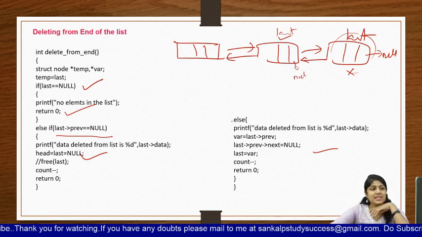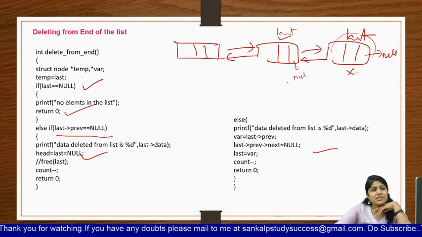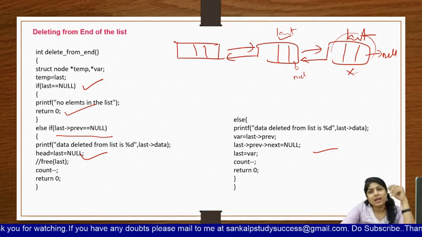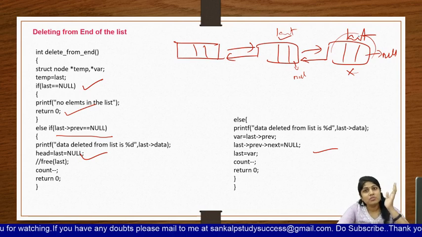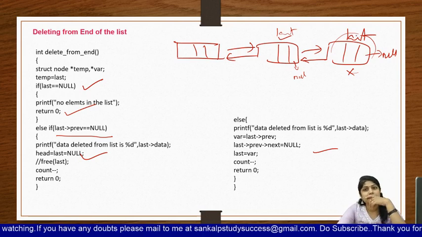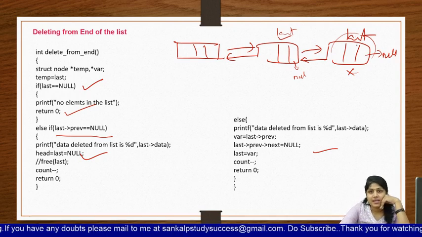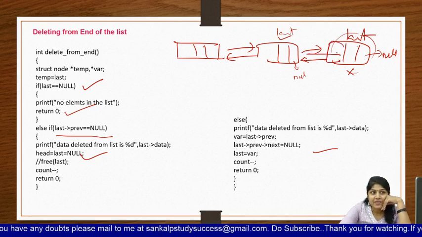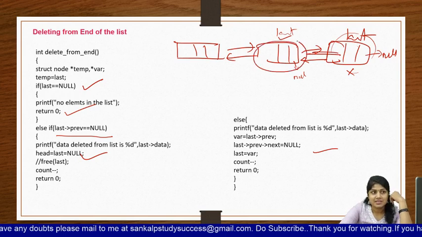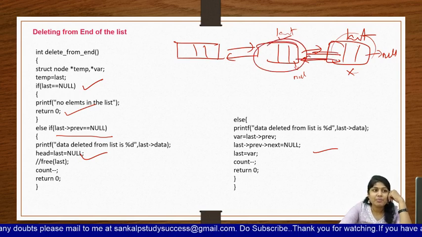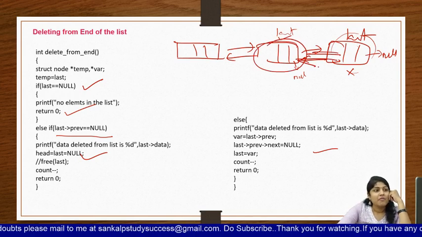Okay, now let us see. First what we have to do, when we did it at the beginning, what did we assume? We took the next node as temporary, right? Head to next is the temporary variable. So in this case, last to previous is what, this, right? Last to previous is var.